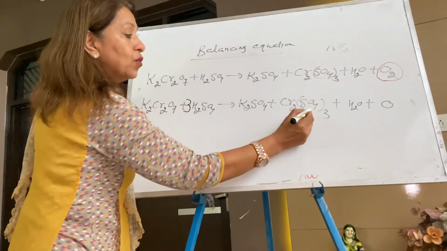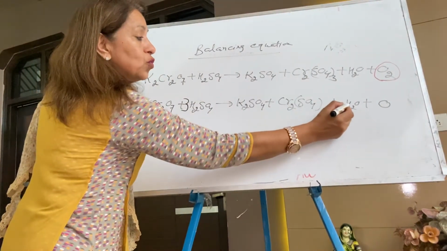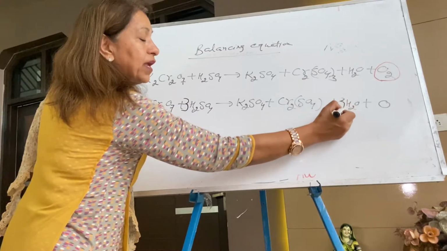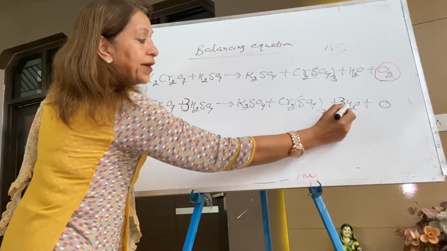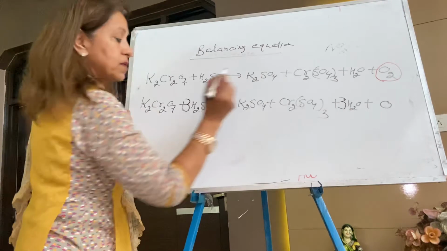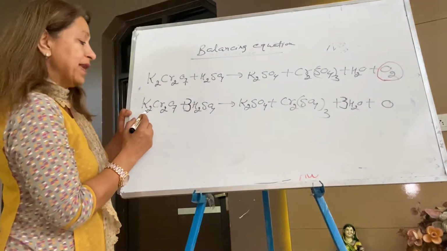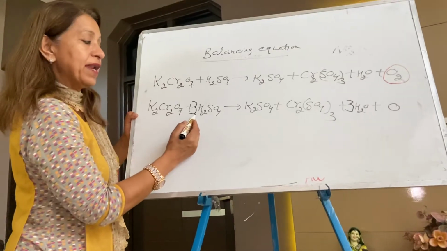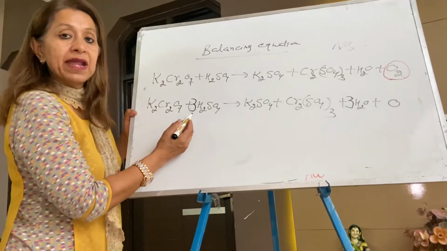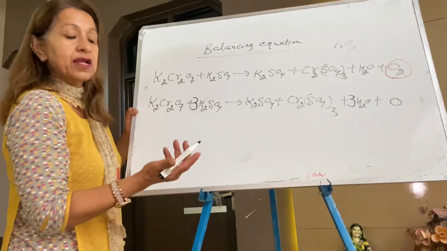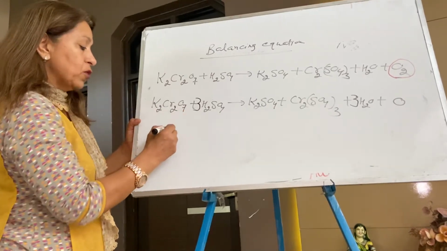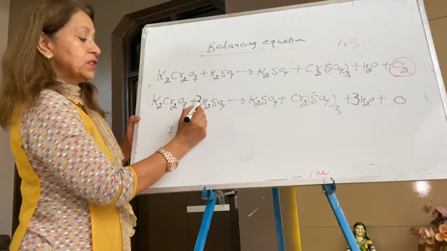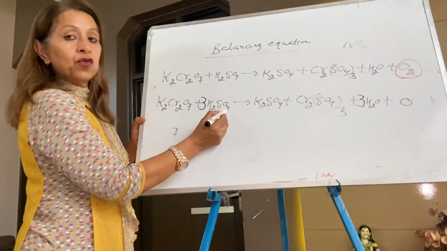There is only a 2 here, make it 6, right here 3, so that hydrogen becomes 6. I think now potassium is balanced, chromium is balanced, sulfur is balanced, hydrogen is balanced. What is left? Oxygen is left. Now there are 7 oxygen, this is 3 into 4, 12.